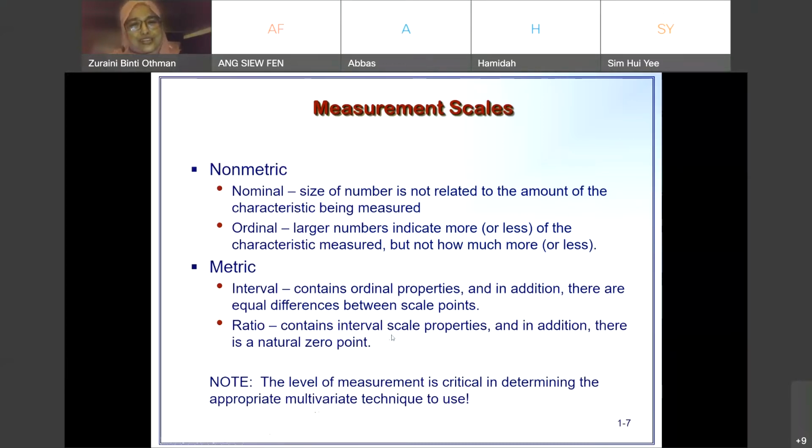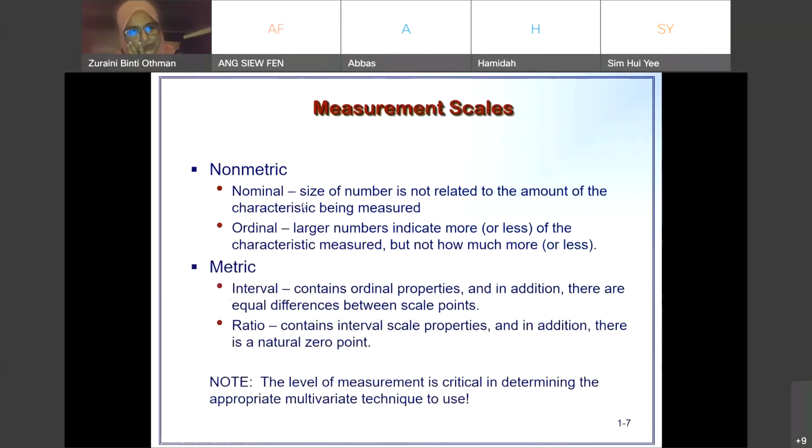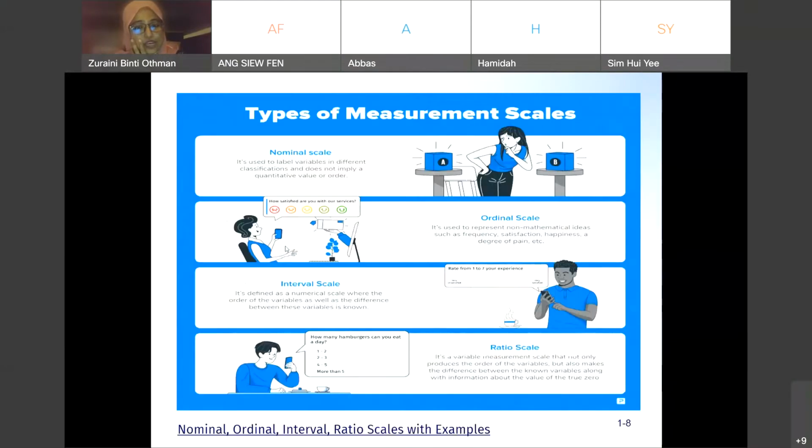Okay, do you understand what nominal, ordinal, interval, ratio are? If you don't understand, I'll bring an example here. What is nominal scale? The first one, nominal scale, for the non-metric. If we have the nominal scale, we want to categorize.